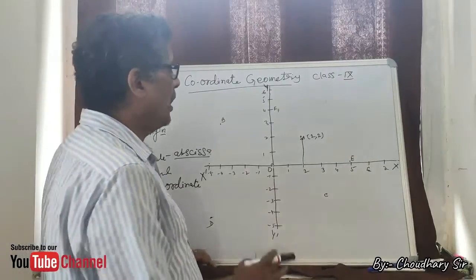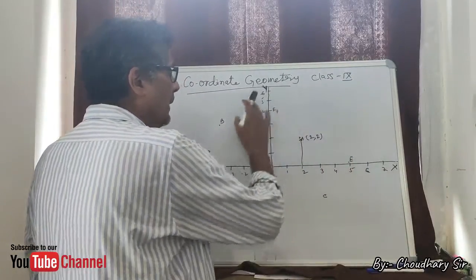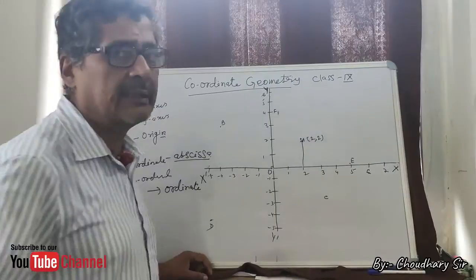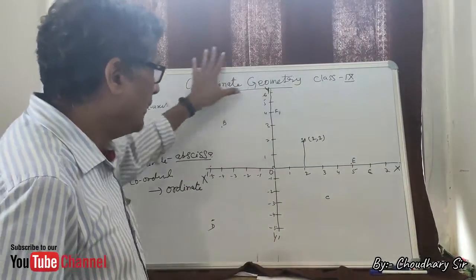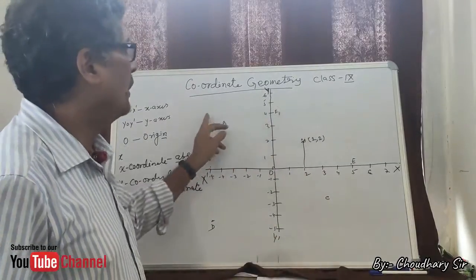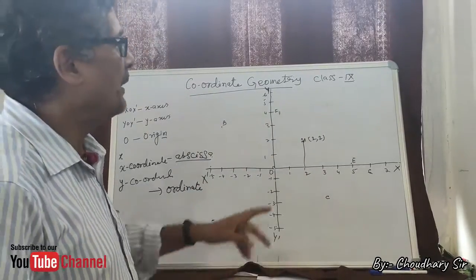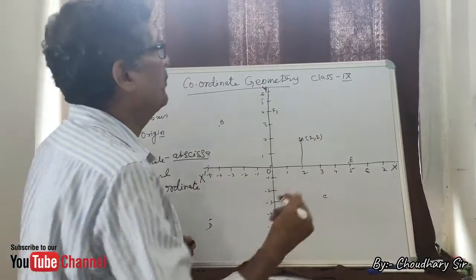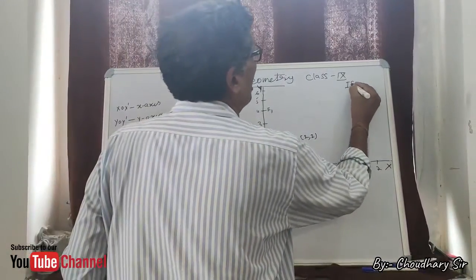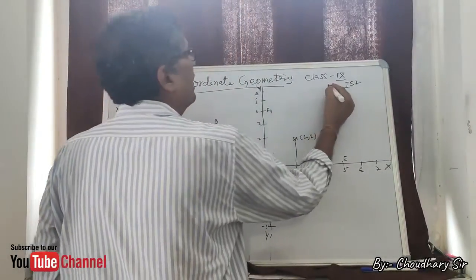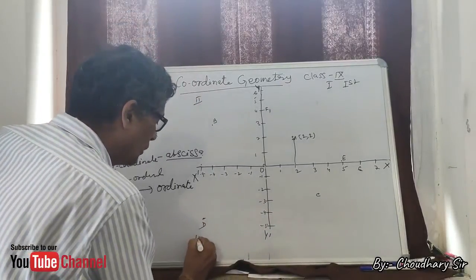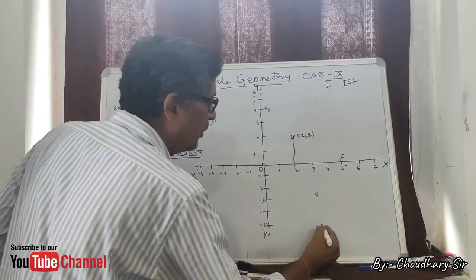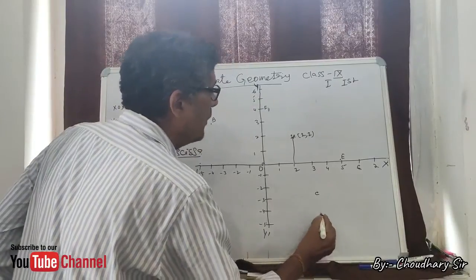Okay? Now we also observe that these two lines, the x-axis and y-axis, divide the whole region into 4 equal parts. Each part is called a quadrant. This is your first quadrant, this is your second quadrant, this is your third quadrant, and this is your fourth quadrant.